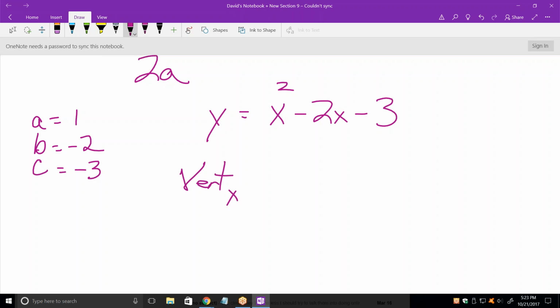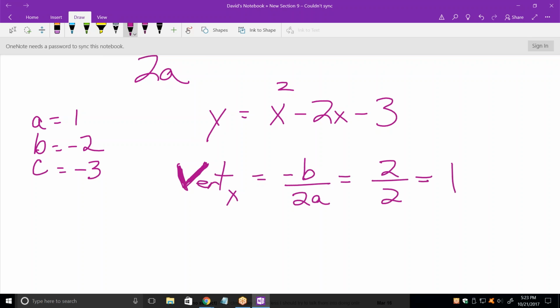It doesn't say vertex, it says the x coordinate of the vertex, because the vertex is an x and a y. And b over 2a only gives you the x coordinate. So when we substituted all of that in, we got that. So that's the x coordinate.